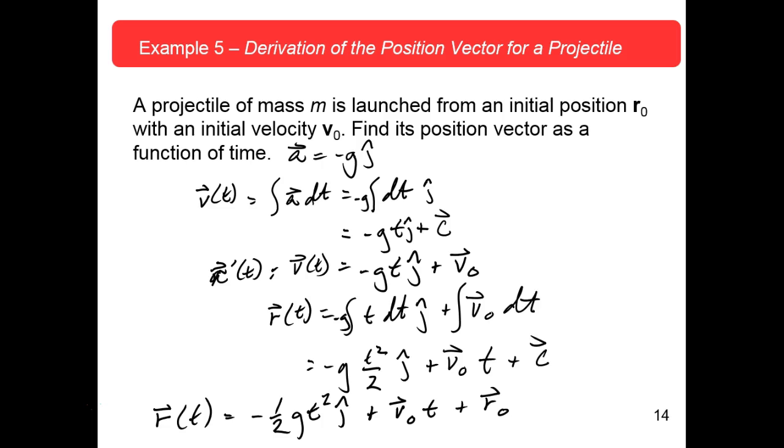That's it. Now, hopefully that's what the book got to. Let's see. Minus 1/2 gt squared, got it, plus V0 t, plus R0. Perfect. All right, let's clear this out of the way.